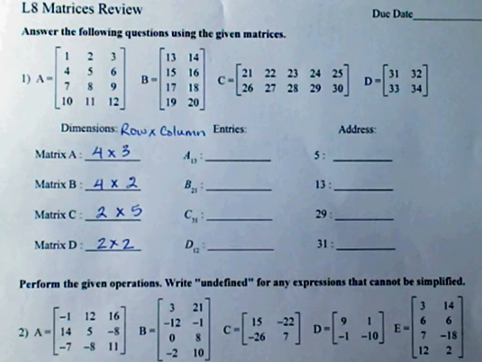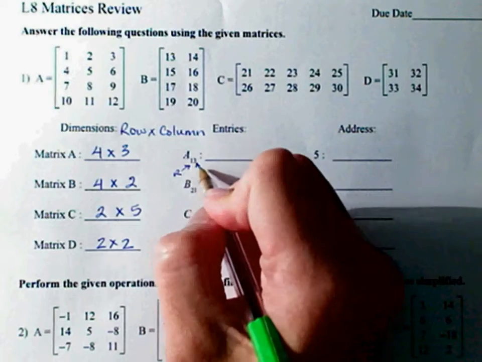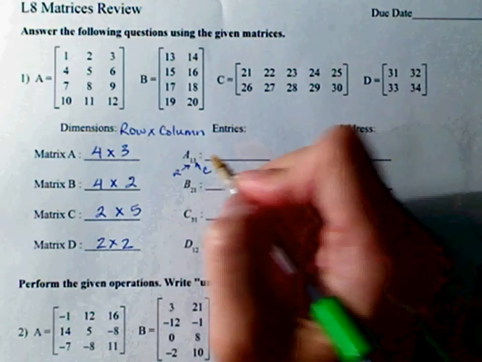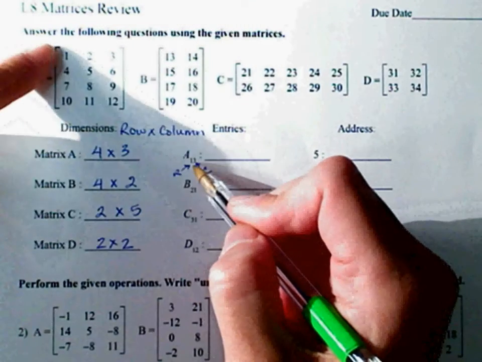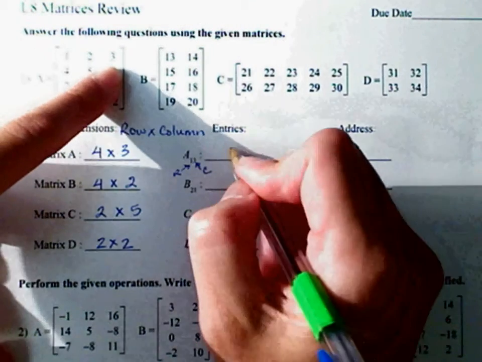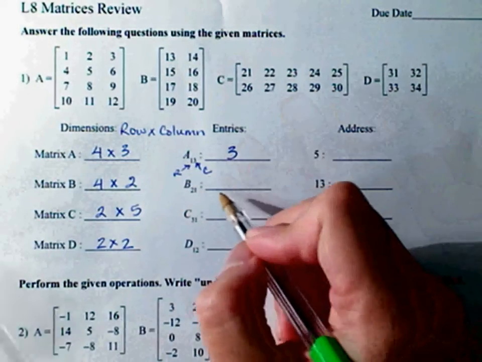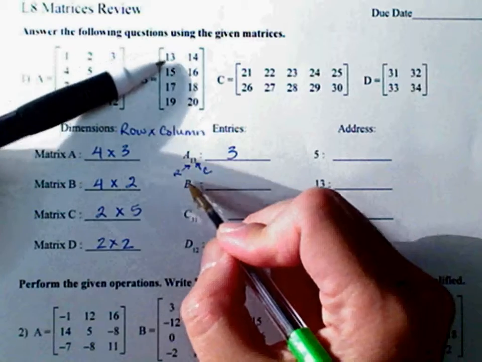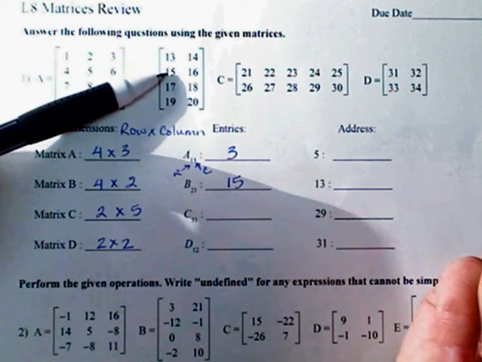Your entries. This right here is your row, and this right here is your column. Okay? So, matrix A, first row, third column is number 3. Matrix B, second row, first column is 15.